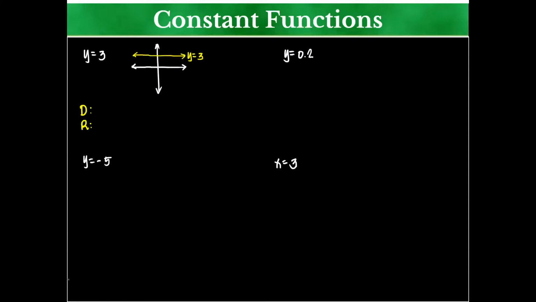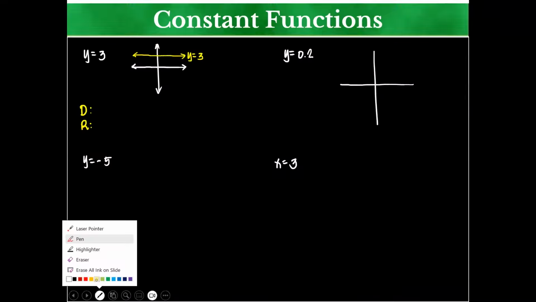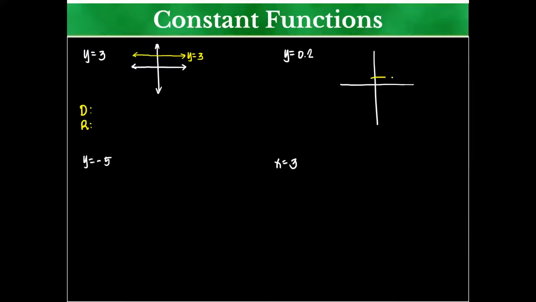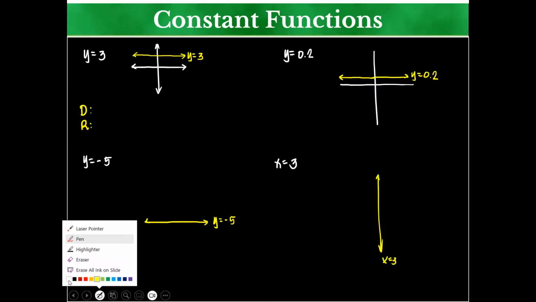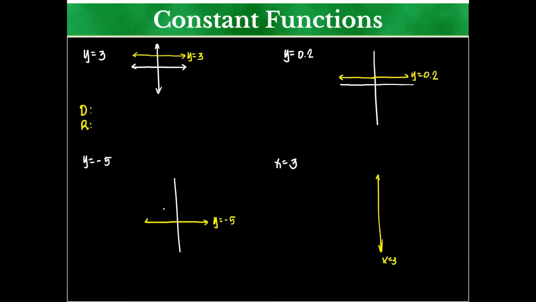Let's draw first all of them, okay? y equals 0.2. So let's just assume that 0.2 is somewhere here. y = -5, x = 3. I'll just draw the axis.